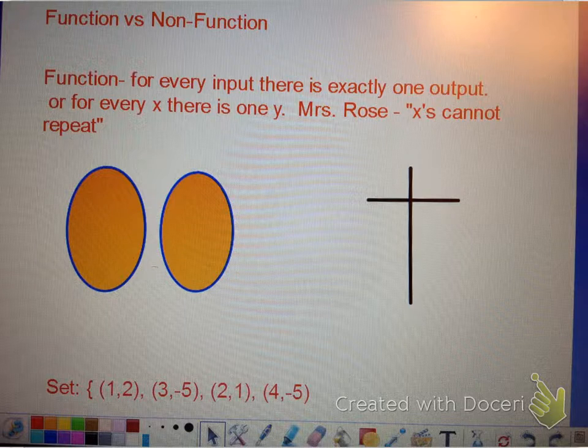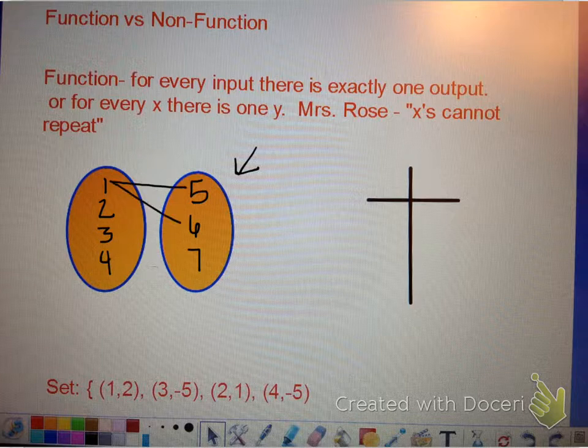So there's three different ways that you're looking here. The first one here is a mapping. So this right here would be a mapping. And let's say that this is maybe 1, 2, 3, 4, and 5, and 6, and 7. Alright, so you would see this with a line drawn maybe like this.